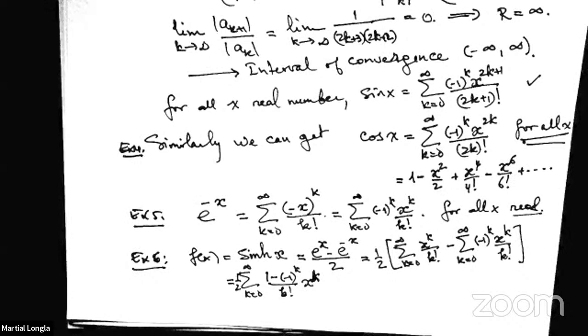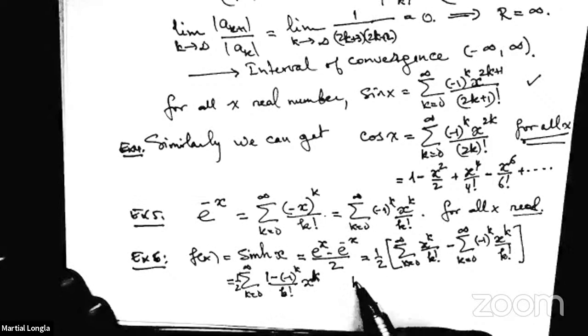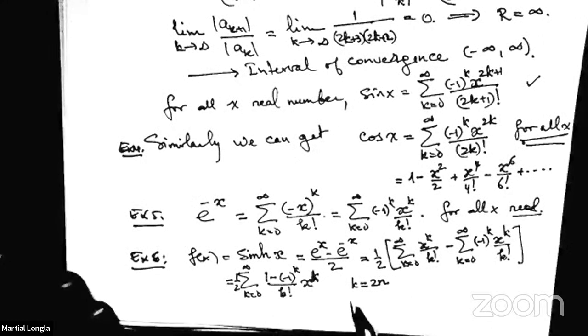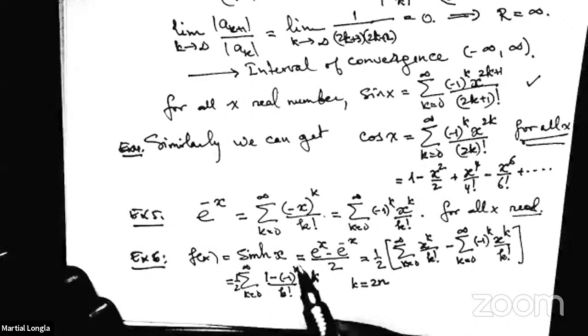We can simplify this. How? Let's look at 1 minus negative 1 to the k. When k is 2n, for example, negative 1 to the k is 1, right? 1 minus 1 is 0.